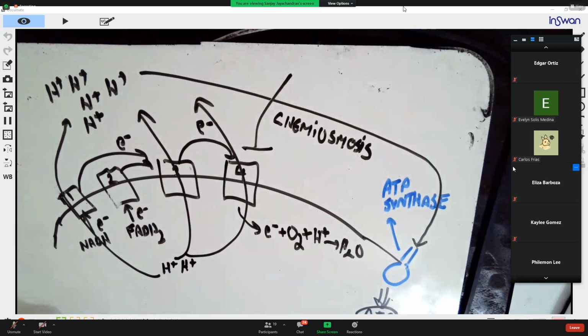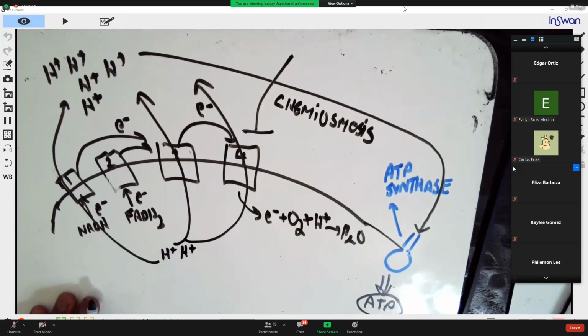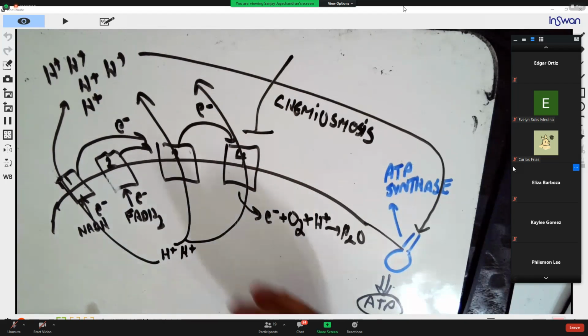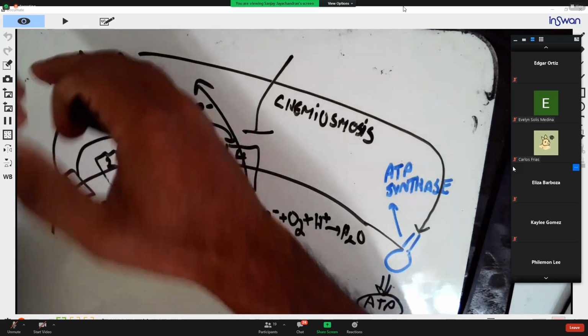What's going to happen to your energy production? ATP production. So you no longer have complex 4. You wouldn't be making as much ATP. Energy production will decline, right? Because you have no place to hand off the electrons to and enough energy to generate this movement.